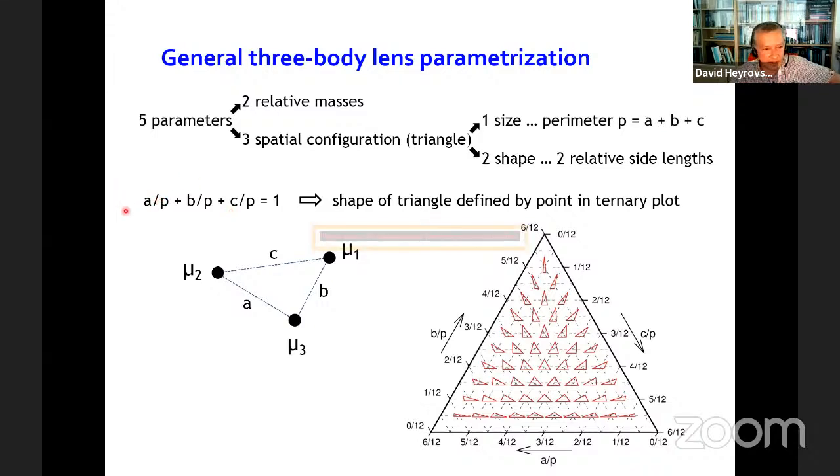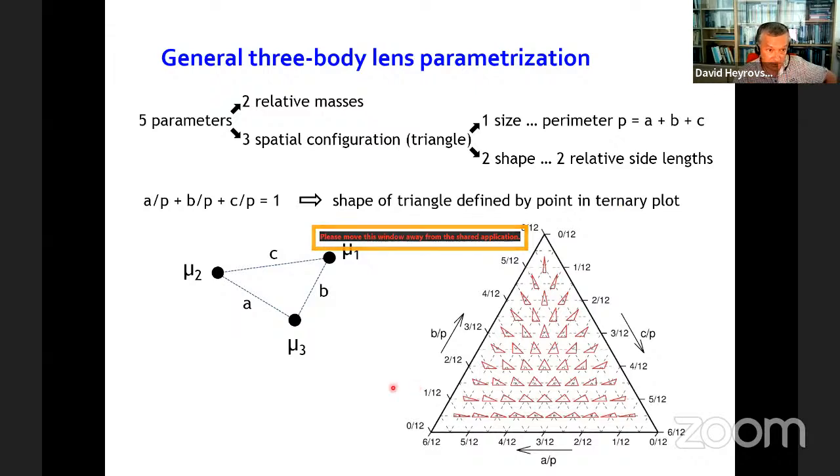If you have any 3 quantities which sum up together to 1, that is a hint to visualize this, and moreover, all of these are positive numbers. So it is reasonable to plot these in something called the ternary plot, which is sketched here.